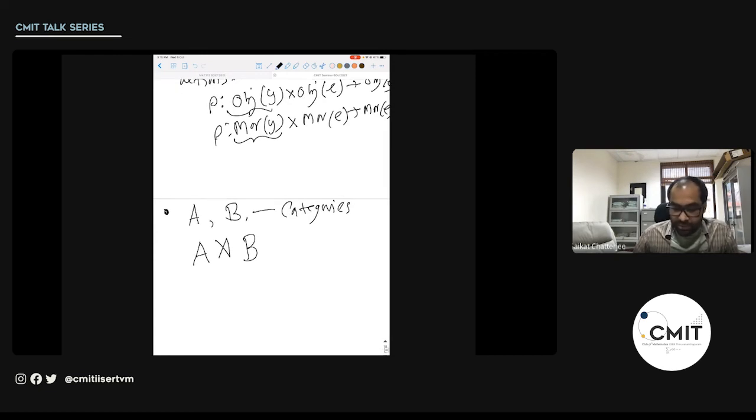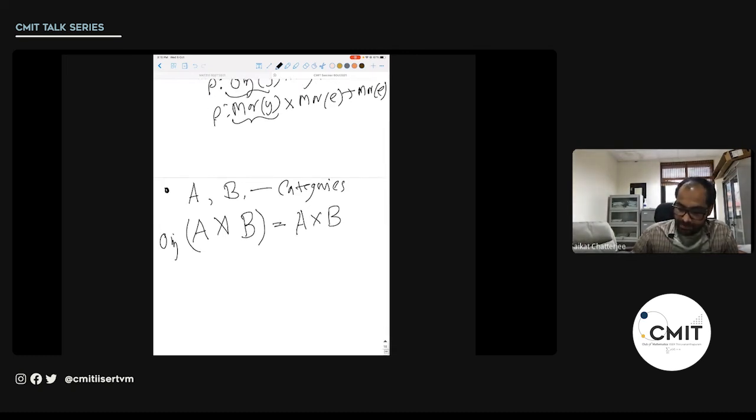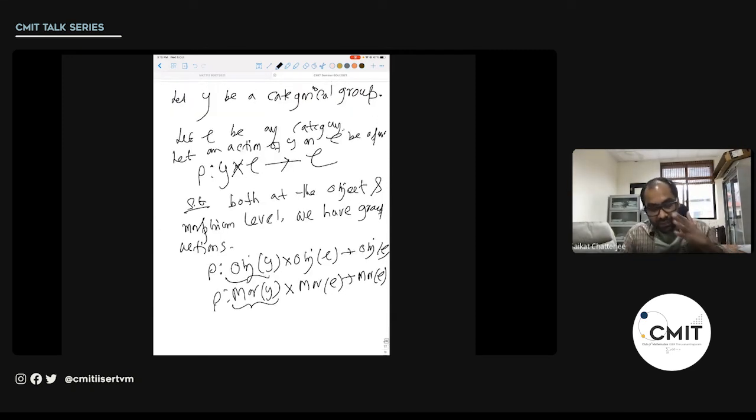Other than being a notation, there is not much sense in the naming; I'll explain that. The problem is, when you take this to be a direct product, then this structure becomes very restrictive, very strict, and you can construct only very few examples.